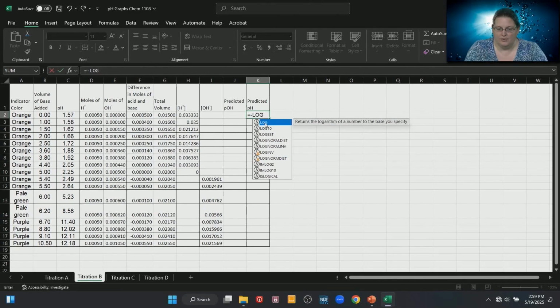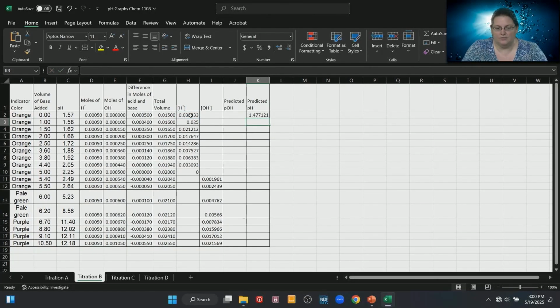And then we're going to put in parentheses the value that we want to use, which happens to be column H. And we close it off and we hit enter. So now it's giving me a predicted pH, and I can go ahead and fill that all the way in until here. Now if you notice, it's not giving me a numerical value because we're at that 0 mark. So we're going to delete because it's not going to give us that value.